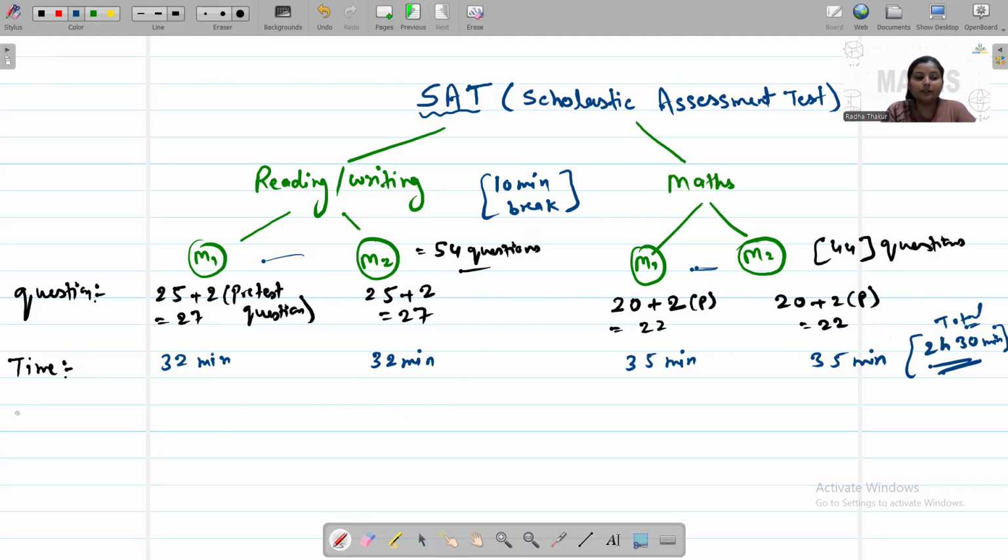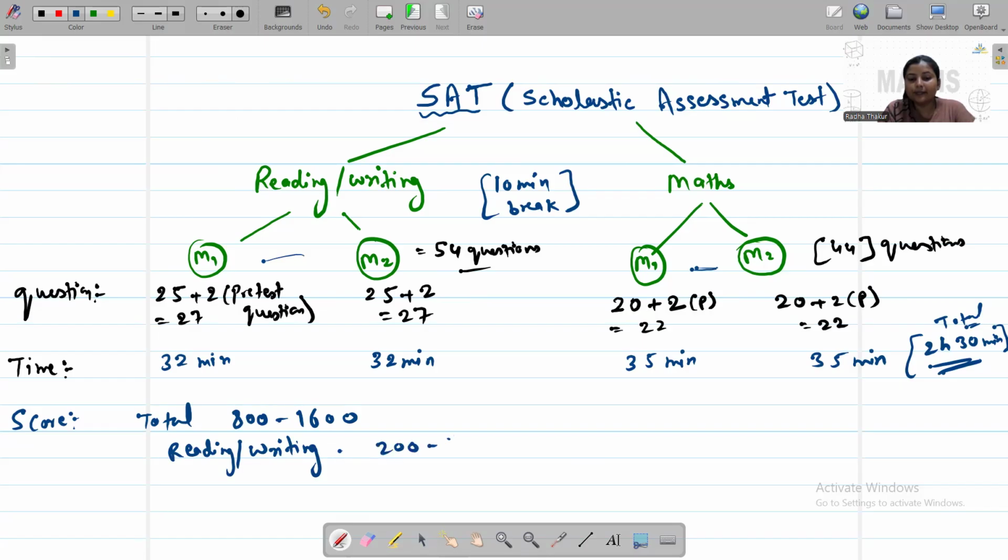Now, if we talk about the score. If I talk about the total score, then it ranges from 400 to 1600, right? For reading and writing it is from 200 to 800.